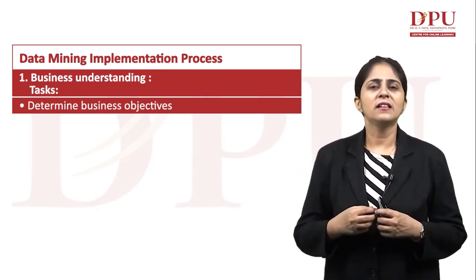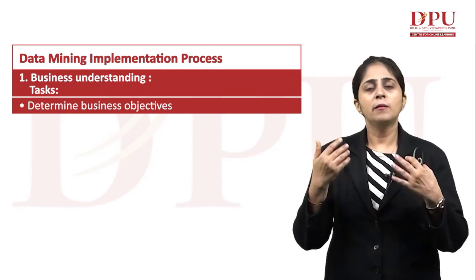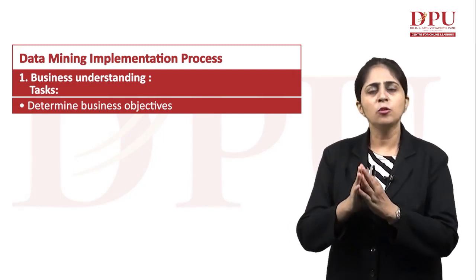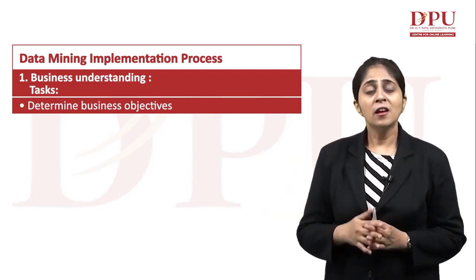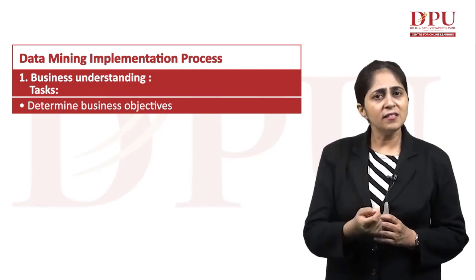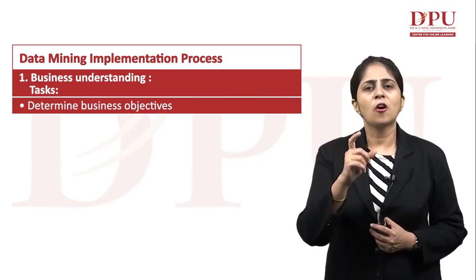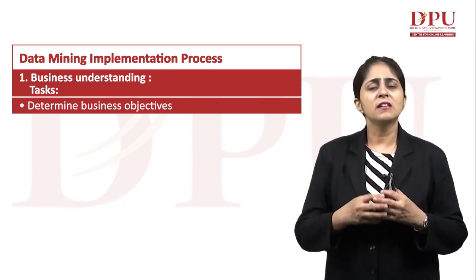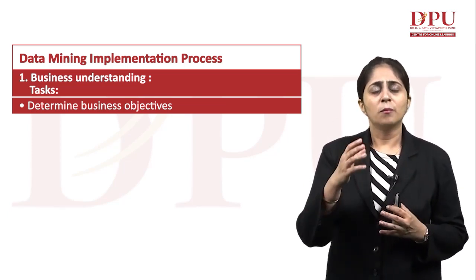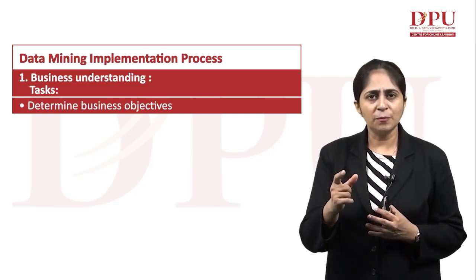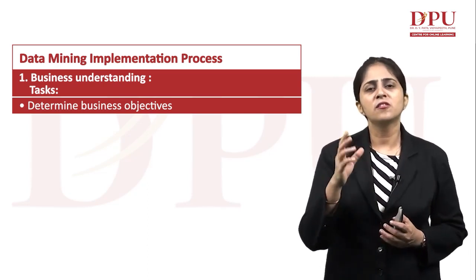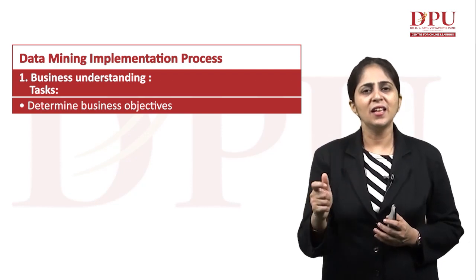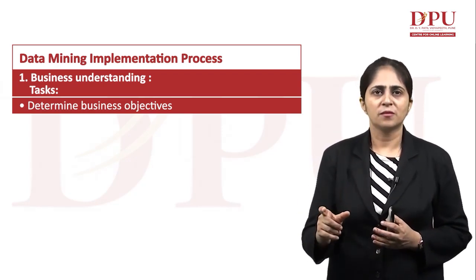Since we are implementing this data mining technique for a particular business, we should first of all understand what the objectives of this particular business are. What does this business want? So the very first step here is to determine the business objective, the main aim of this business.